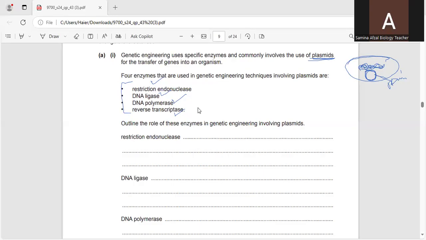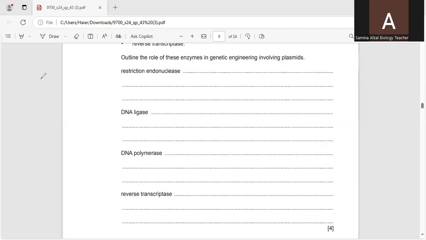Now we are moving towards writing the role of these enzymes. Here you can see, outline the restriction endonuclease. When a plasmid is used for this purpose, there is a need to cut it.